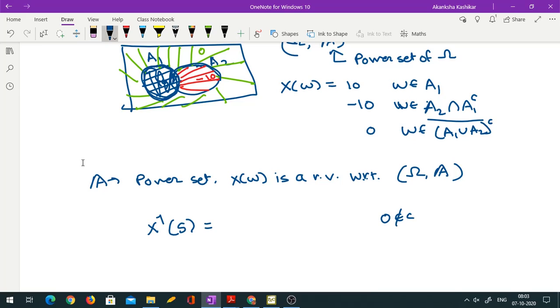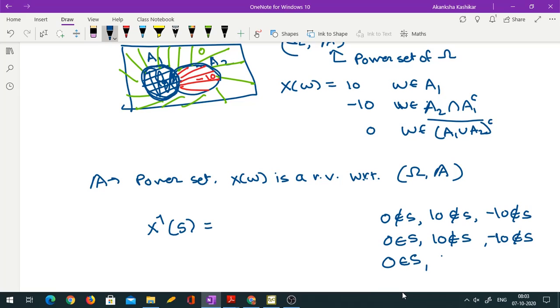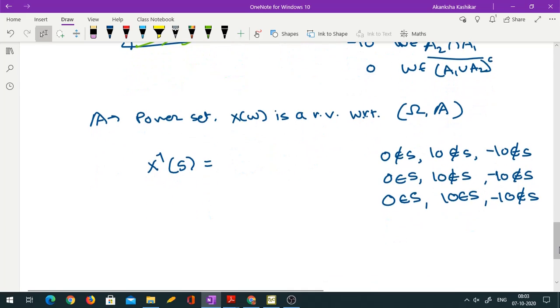So 0 doesn't belong to S, 10 doesn't belong to S, and minus 10 also doesn't belong to S. Then another option is 0 belongs to S but the other two don't. In this way we will actually have 8 possibilities, right? For each of 0, 10 and minus 10, I have either belonging to or not belonging to. So let me first write down those possibilities. It's like writing down 3 coin tosses, where heads means belongs to and tails means doesn't belong to.